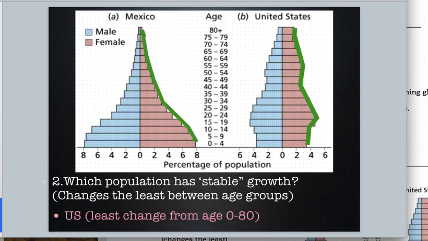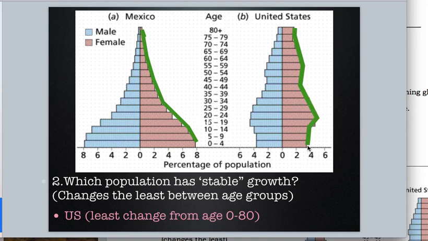All right, let's look at this graph. Which population has, quote, stable growth? Well, it would be the United States because we have the least change from 0 years old. If we look at this green line, we start out at a little less than 4%, and then we follow all the way up to the top.